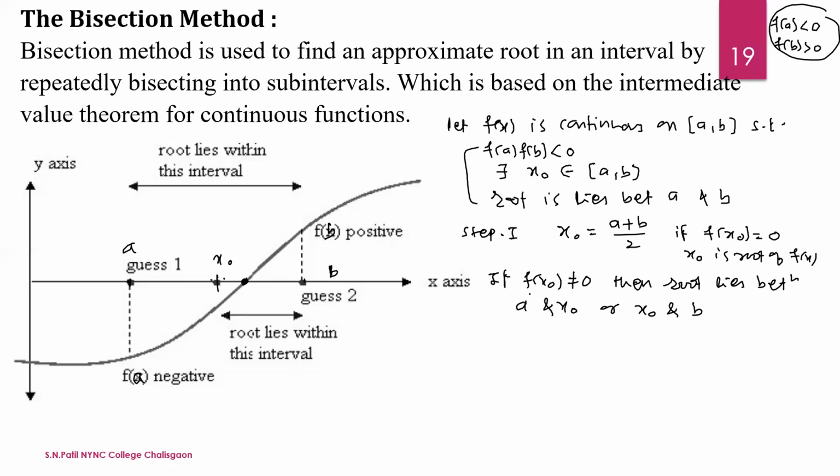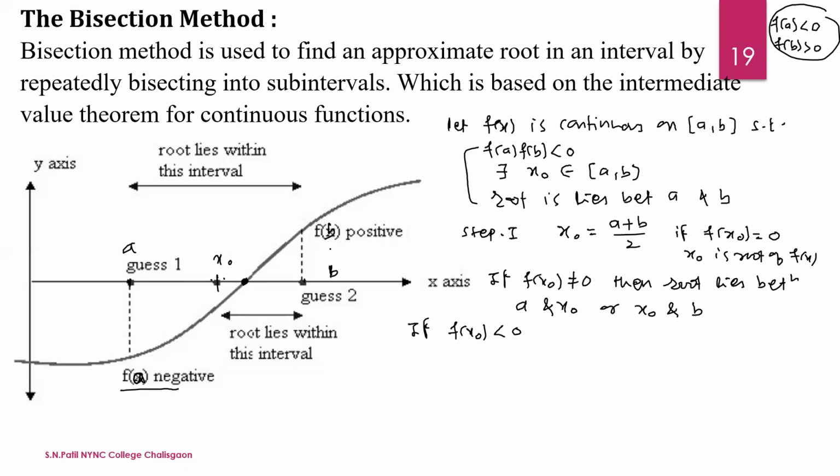Then how can we identify in which interval the root lies? For that, check the value of f of x naught. Here the image of f of A is negative. We just assume f of x naught is negative.